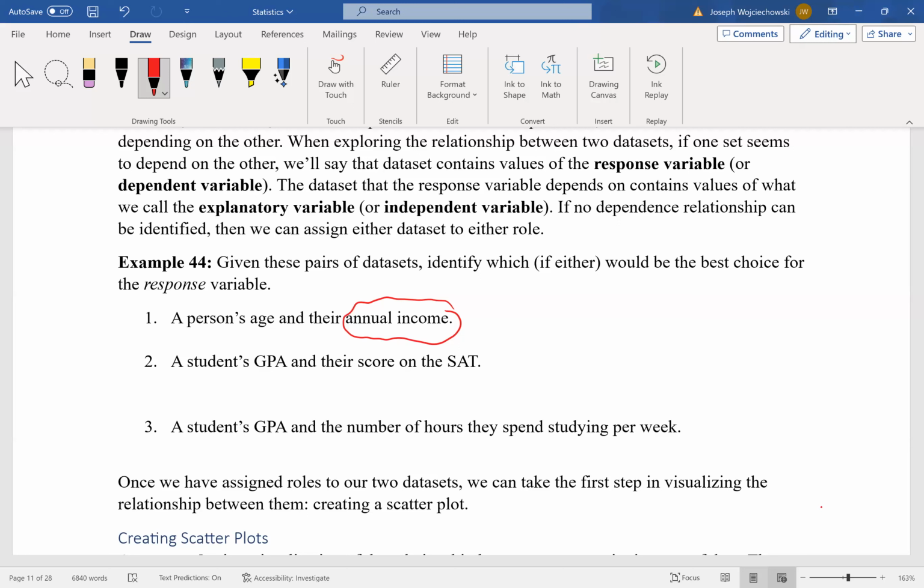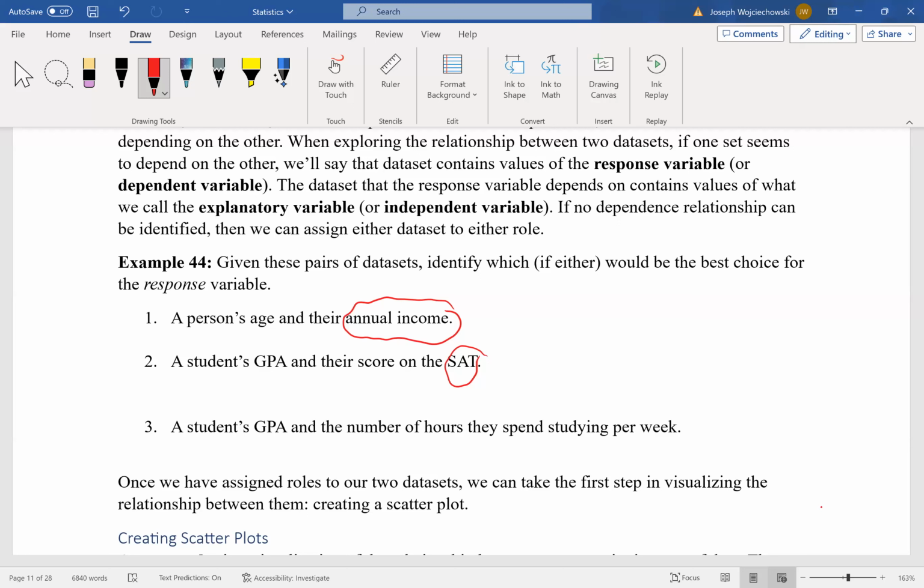What about a student's GPA and their score on the SAT? Now, what do you think? Does a higher GPA give you a better SAT score? Possibly. Higher GPA tends to mean you're better at classes. So we'll go with the SAT being the response variable. Okay.